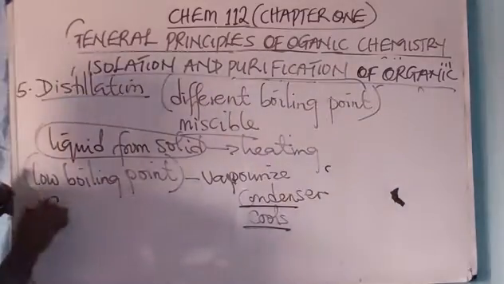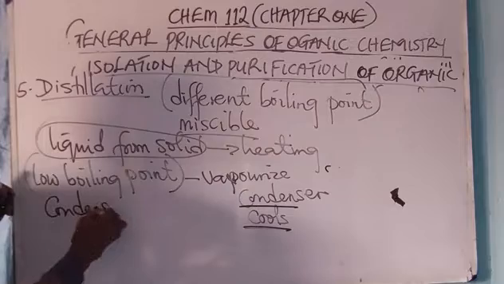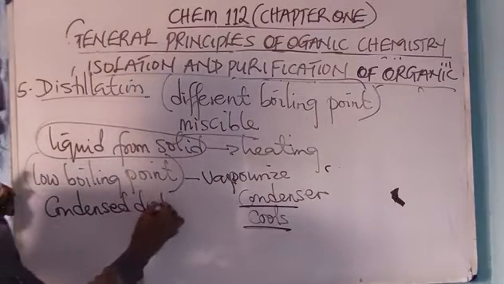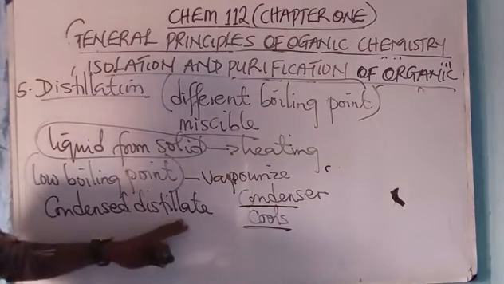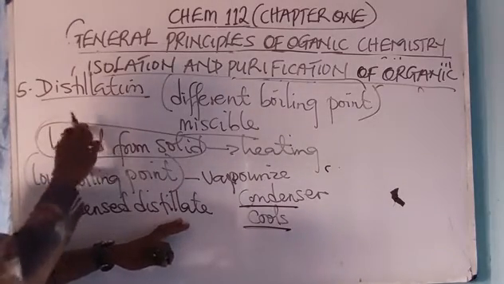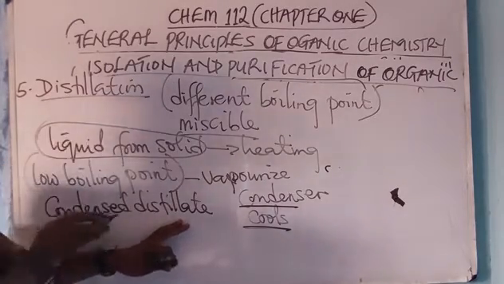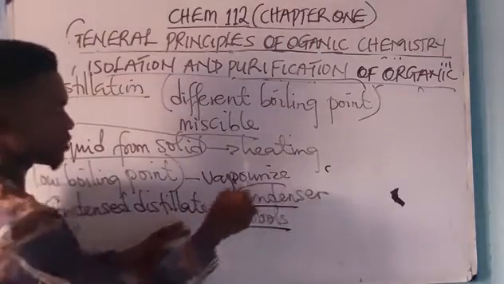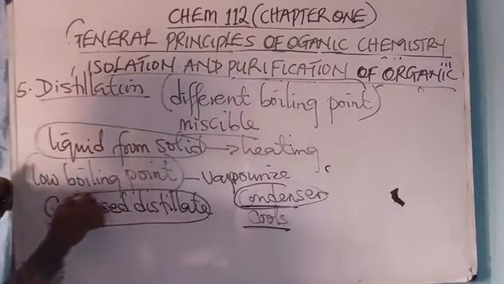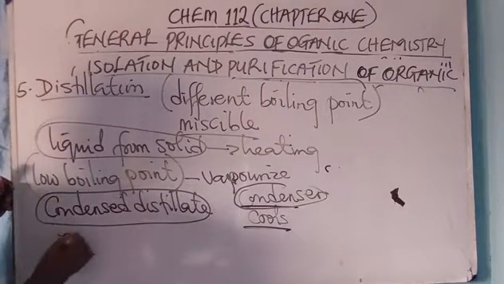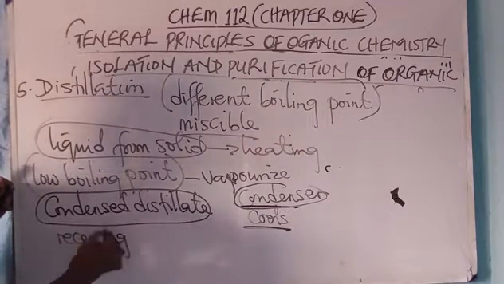The condensed distillate is called distillate because of the solvent that has been taken from it, and condensed because of the condenser. This condensed distillate is collected in the receiving flask.